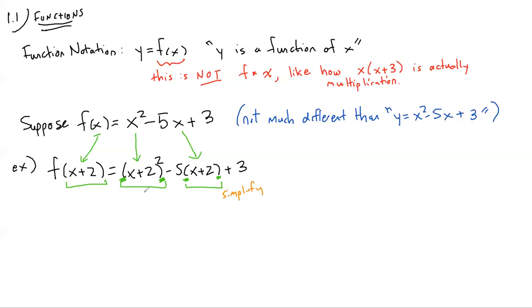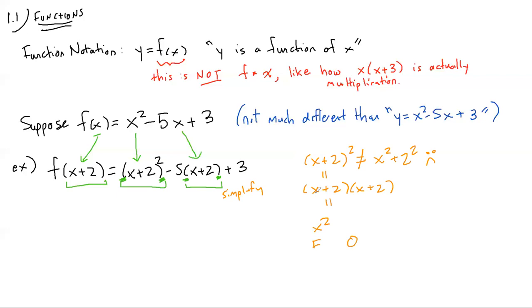That x plus 2 squared, remember how to do that. Just a little review. It's not x squared plus 2 squared. You can FOIL it out if you don't remember the squaring formula. So the firsts will be x squared.